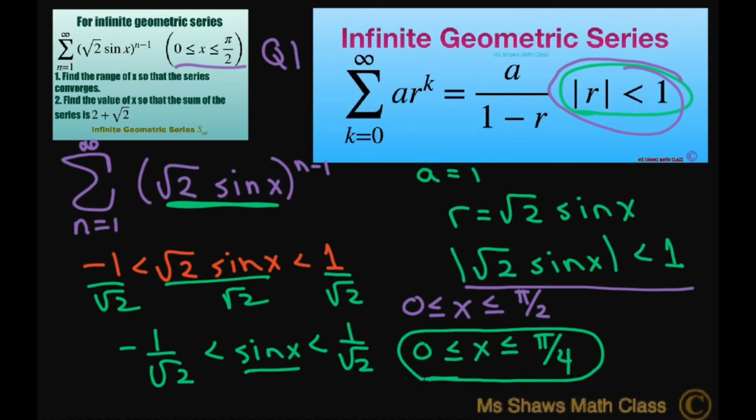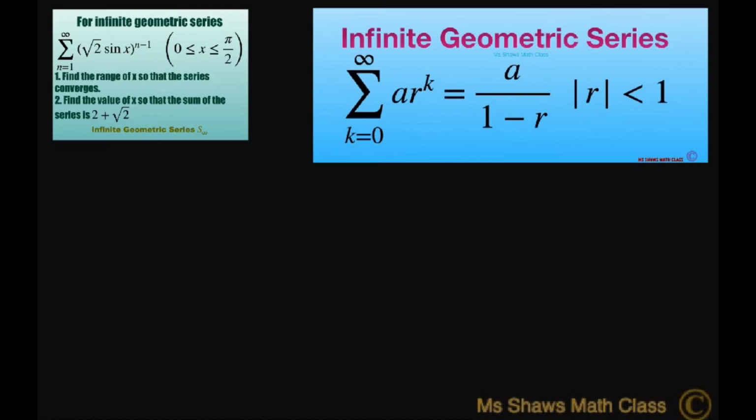All right, number 2. We're going to find the value of x so that the sum of the series is 2 plus square root of 2. So we're going to use our sum. Again, we have the sum for n equals 1 to infinity of square root of 2 sine of x to the power of n minus 1.